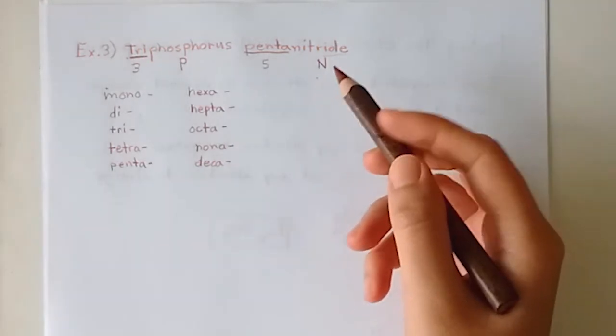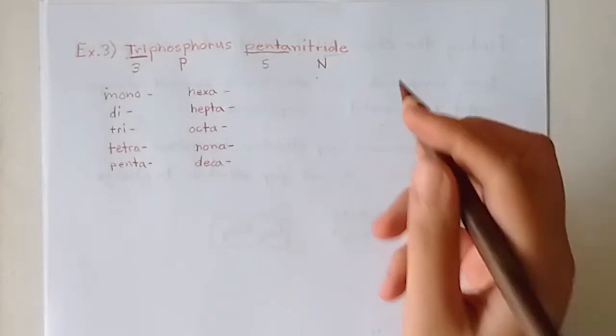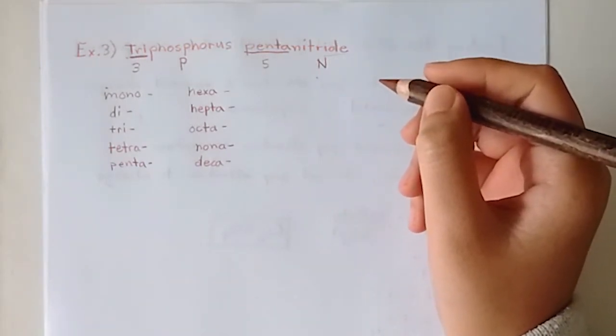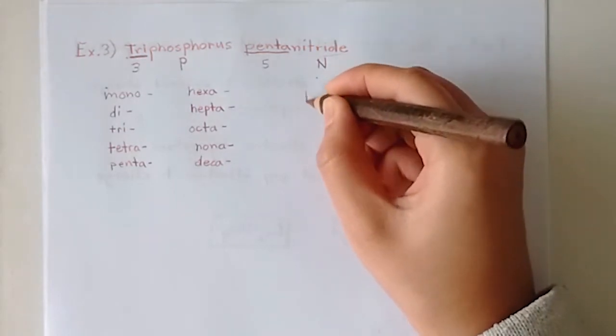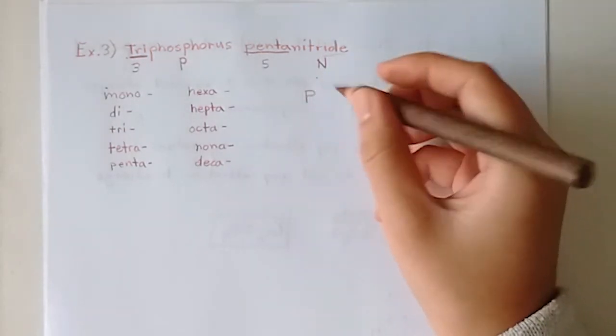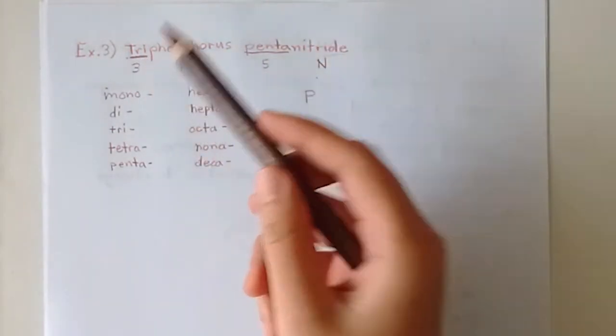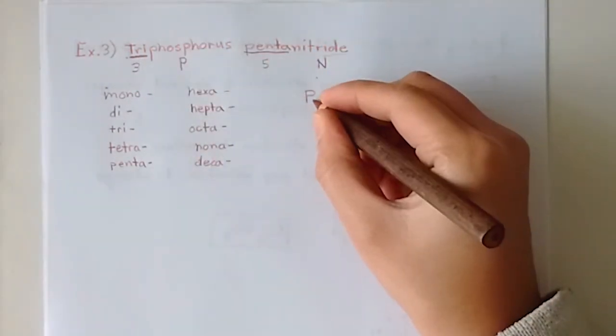Now, once we have identified what the prefixes mean and what the symbols are, we can put it all together. The numbers will be subscripts for the respective elements. So the chemical formula for triphosphorus pentanitride would be, so there's the phosphorus, and we know that we have 3 phosphoruses from our prefix, and that 3 is a subscript for the phosphorus.